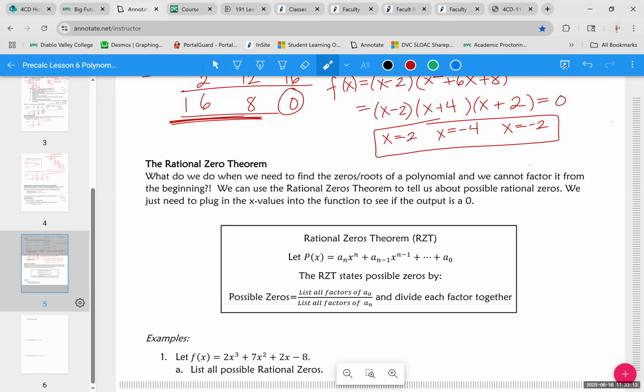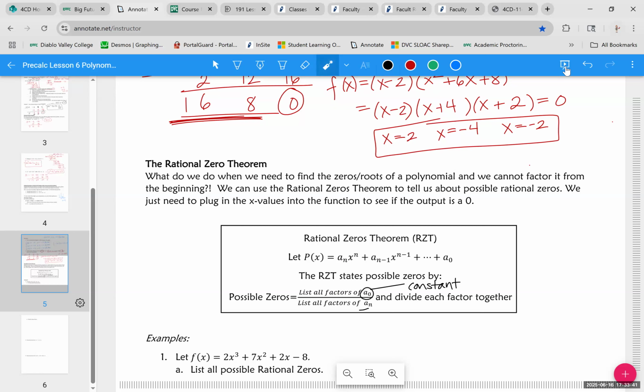So it's a little weird. The RZT, rational zeros theorem, tells us the possible zeros are all the factors of A0. A0 in my polynomial is the constant, the one without any x's. And we're going to divide that by all the possible factors of An.